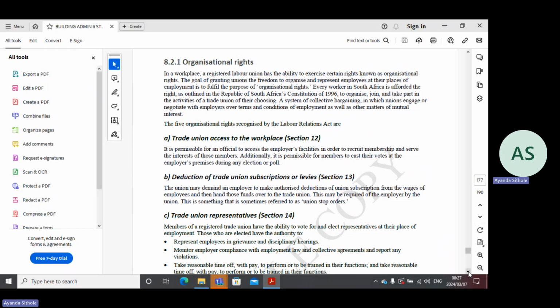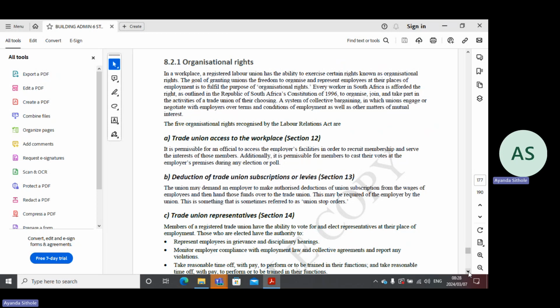Every worker in South Africa is afforded the rights outlined in the Republic of South Africa's Constitution to organize, join, and take part in the activities of a trade union of their choosing. So, guys, if you are an employee, you have a right to join these organizations, so that you will know your rights as an employee.